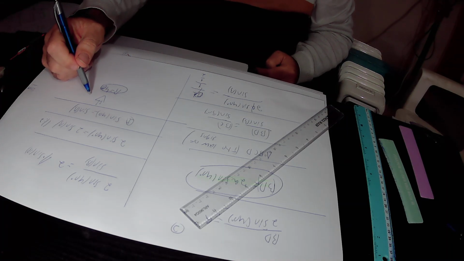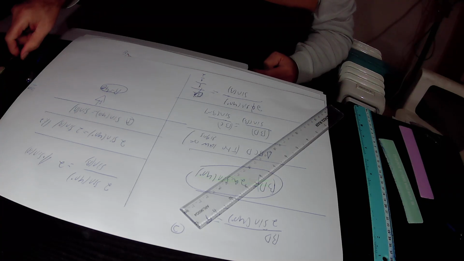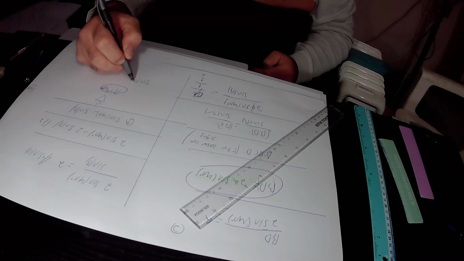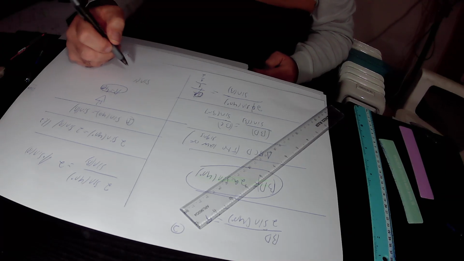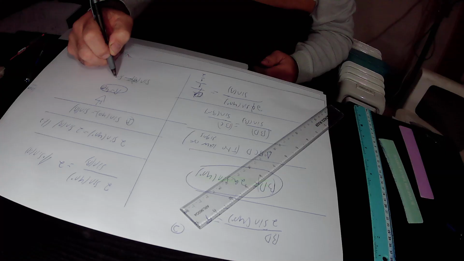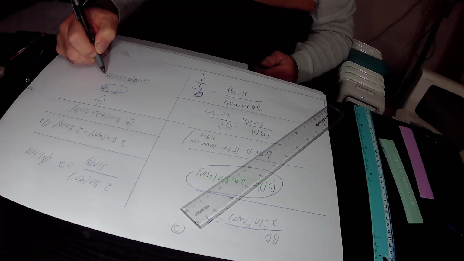We have another trigonometric identity that says that sine alpha equals sine of 180 degrees minus alpha.